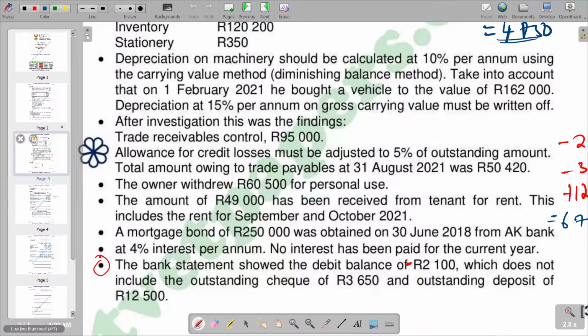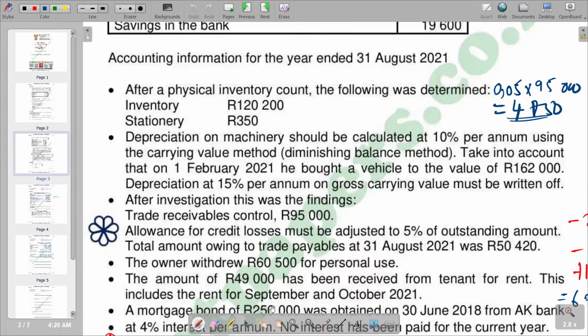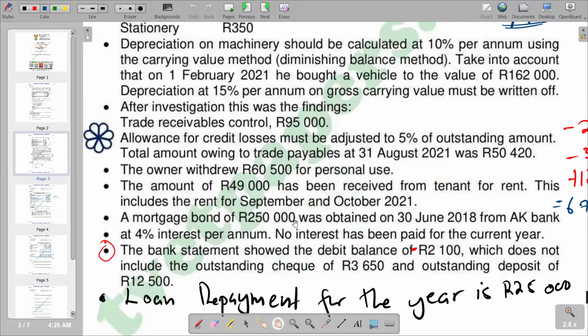We go there according to our information given. So for our non-current liabilities, obviously we are going to look for the figure for the loan. So we check there in the additional information. We are told that a mortgage bond of 250,000 was obtained on 30 June 2018 from AK Bank.